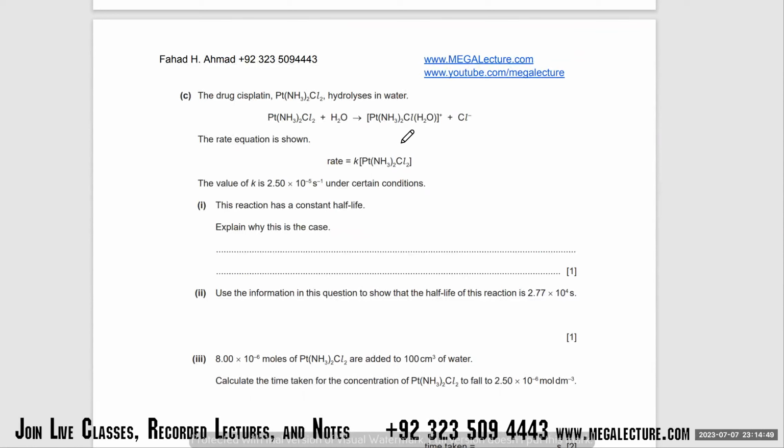That means if water is not written in the rate equation, water has what order? 0. Okay, that's 0, and this is 1. The rate constant K is given under certain conditions. Explain why the reaction has a constant half-life. When the reaction is first order, right?